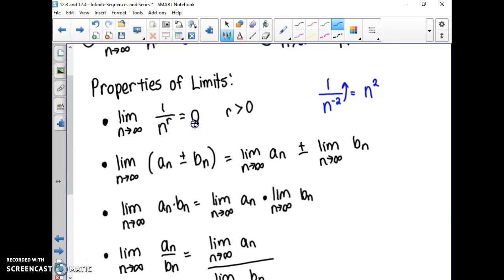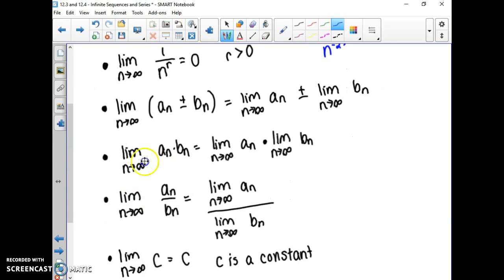Now there are some other properties of limits that we can use to help us out. If I have the limit as n approaches infinity of one sequence, a sub n, plus or minus another sequence, b sub n, I could split those up and take the limits of them separately and then add or subtract those together. So I can split it with the plus or minus sign.